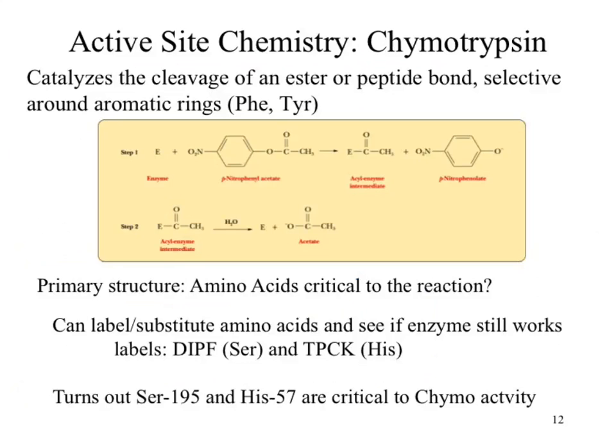What does that mean? The protein had to fold back on itself to get those two close to each other. So we now have an idea of the two critical amino acids in the reaction. They have to be involved in the mechanism.